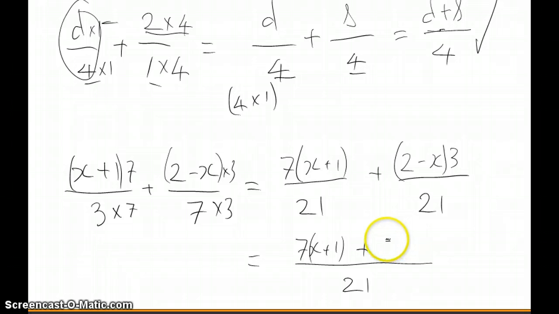And the last step. Okay, you've just added the numerators together. You would then need to expand out the brackets.